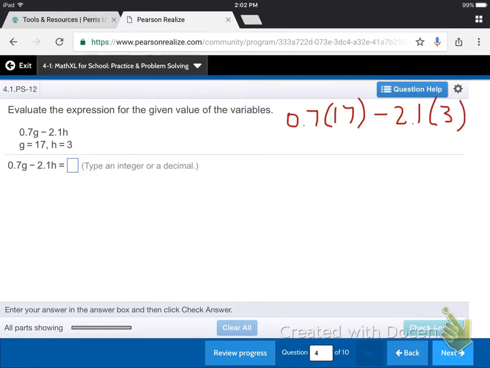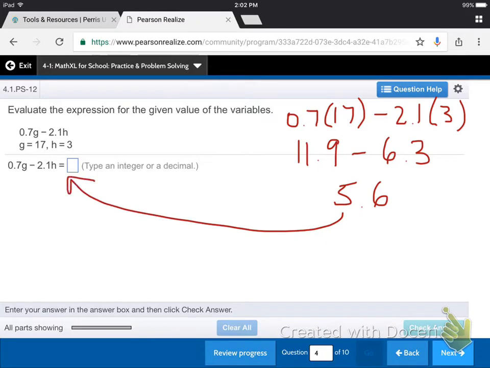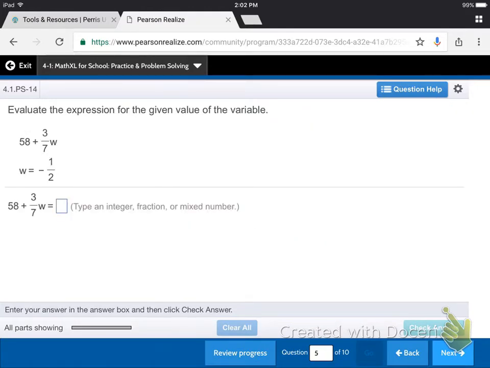When we do the multiplication, 0.7 times 17 is 11.9, and 2.1 times 3 is 6.3. When we do the subtraction, we get 5.6. So that's what we're going to type into our answer for the problem right there. So this is pretty easy so far, right?